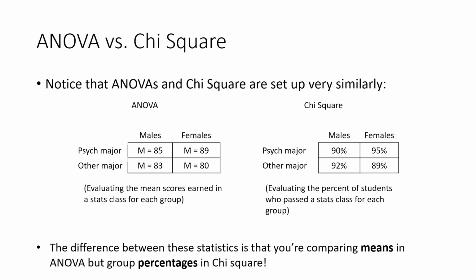So some other examples might be if you want to see the percentage of students who are male in each group, or the percentage of students who drive a red car in each group, or the percentage of students who ate breakfast in any given group. The point here is you have an option that people could do or not do, and you're seeing what percentage of people did that thing that you could either do or not do.